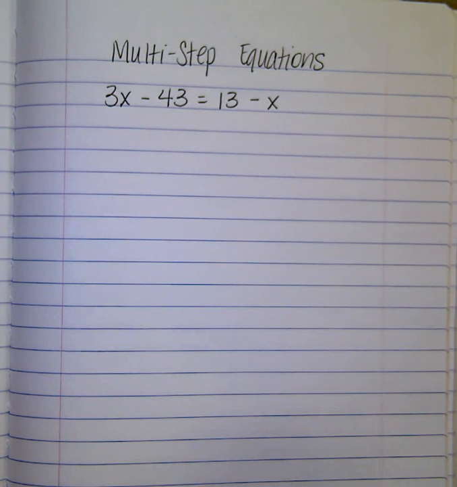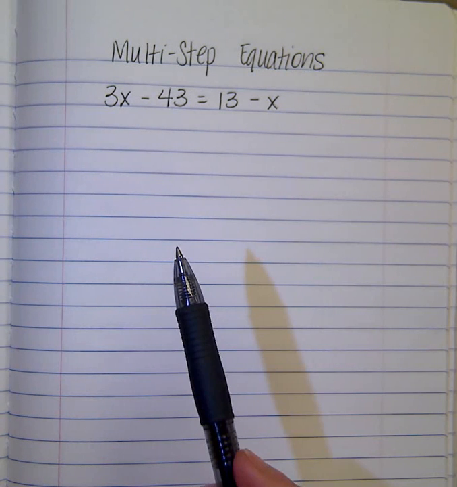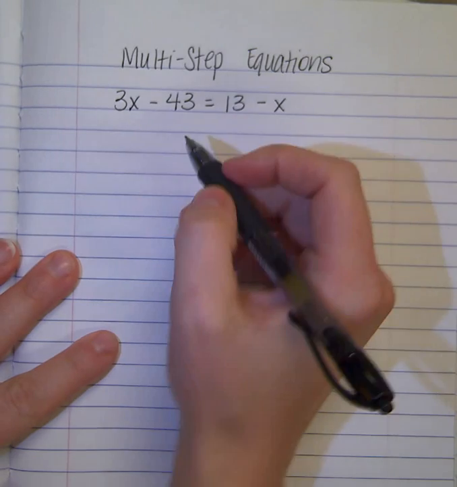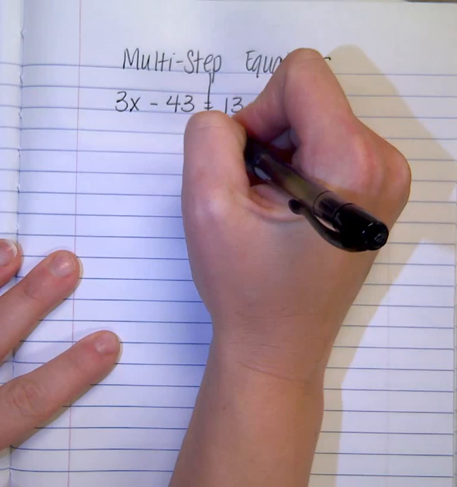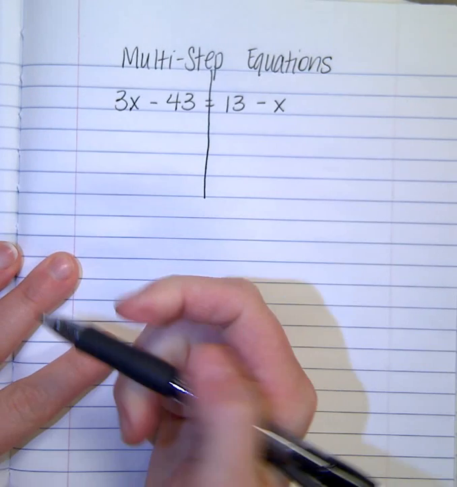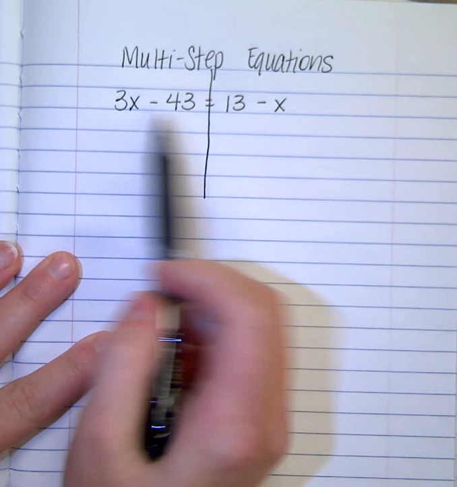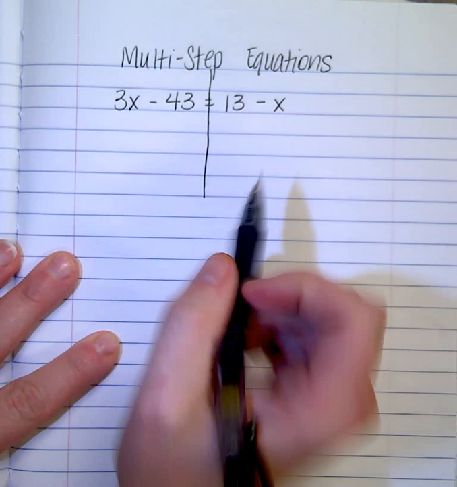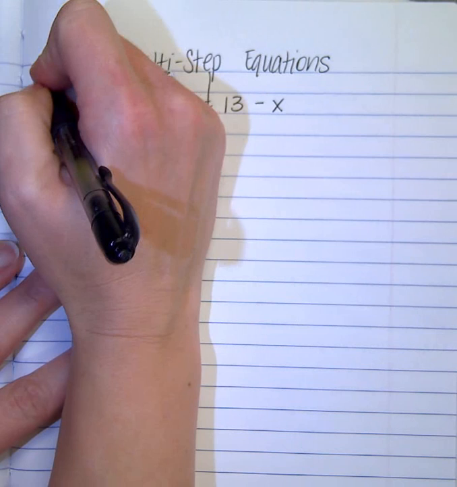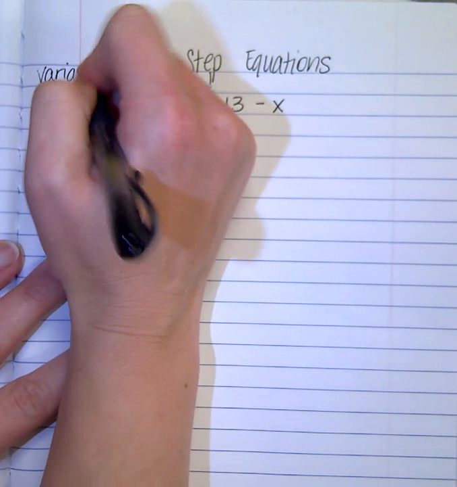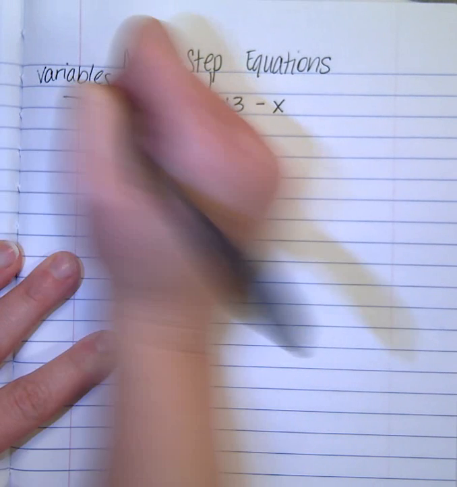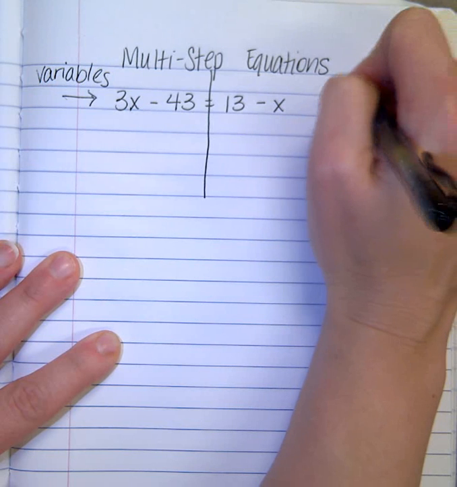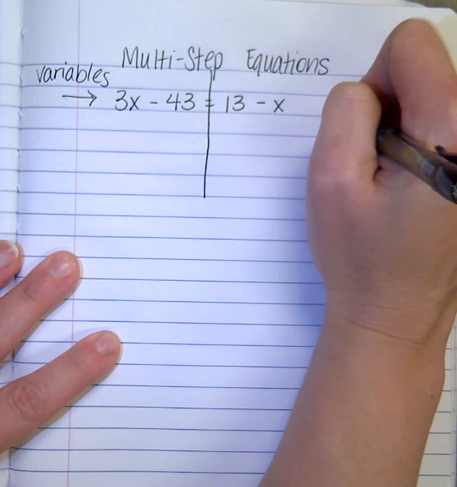Okay, so we want to get that variable by itself. And we're going to build a wall here in between so that you can see the different sides of the equation.